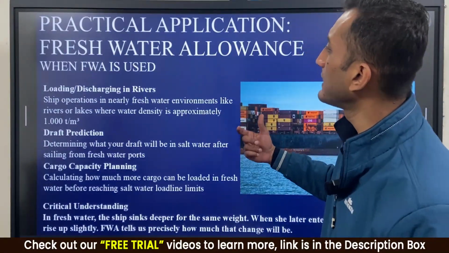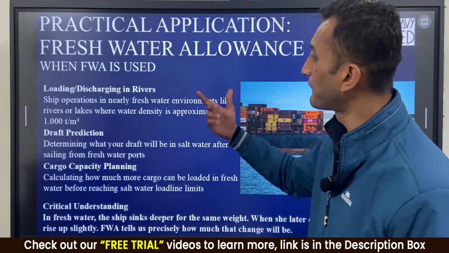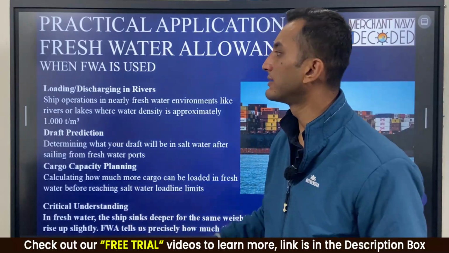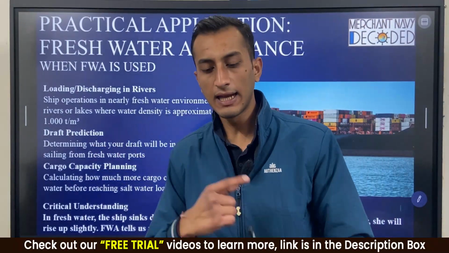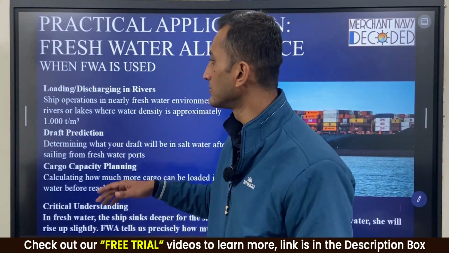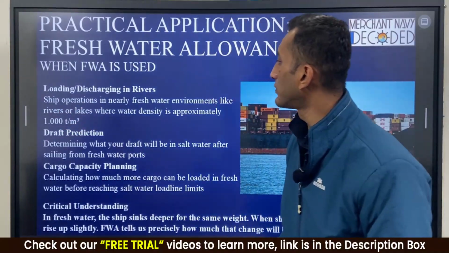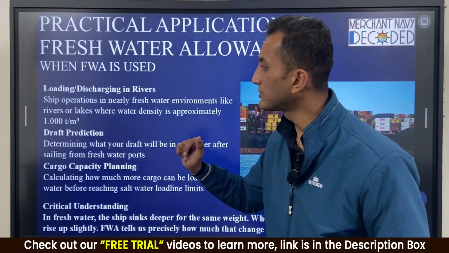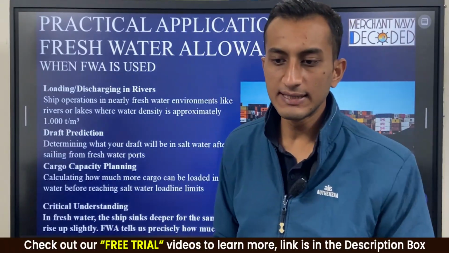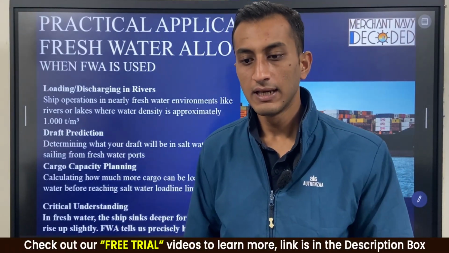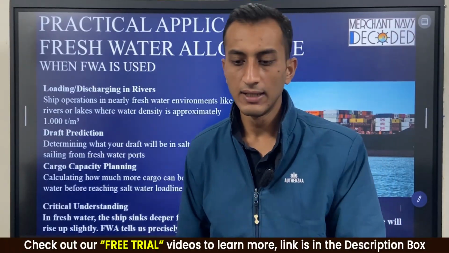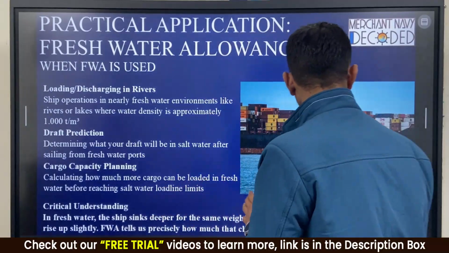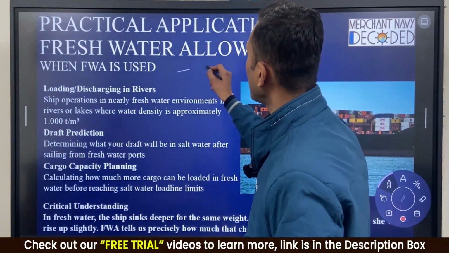Now, the practical application of freshwater allowance: when is freshwater allowance used? Loading and discharging in rivers. I'll also talk about discharging and more things. It applies to ship operation in a nearly freshwater environment like rivers or lakes, where water density is approximately 1.00 ton per meter cube. As I told you, the safe limit for a ship to load properly in salt water is the summer load line. In freshwater you load to a particular limit, and as I explained for dock water, you load to a particular limit.